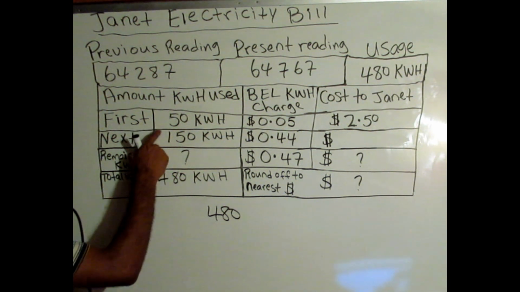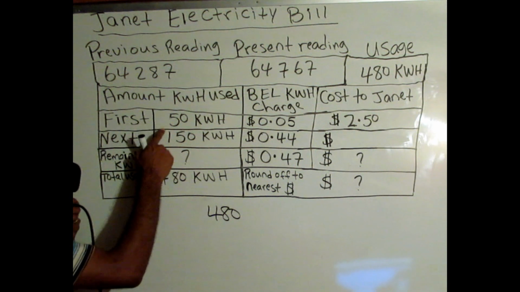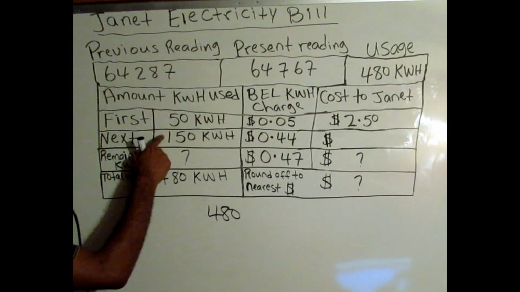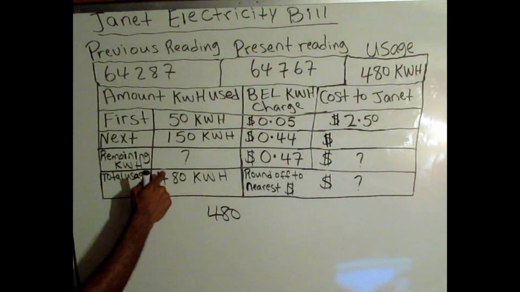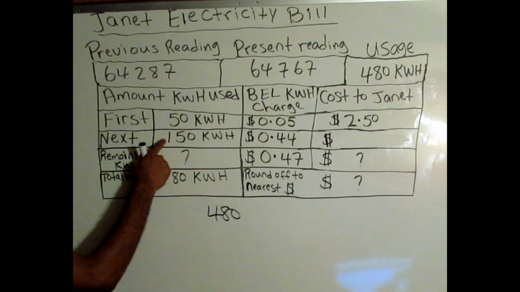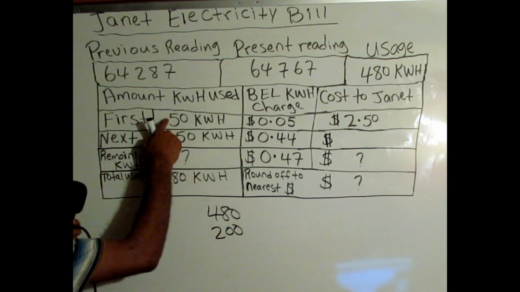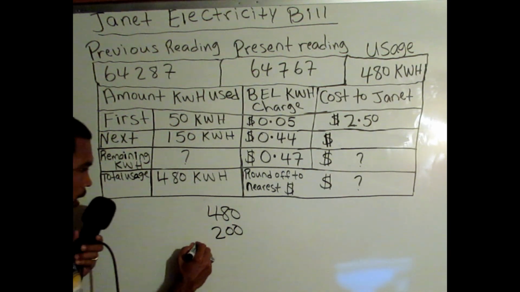The first is 50 and the next is 150. When we add 50 plus 150, it gives us 200. So we'll subtract the 200 from this 480, and that will give us the number that belongs here.